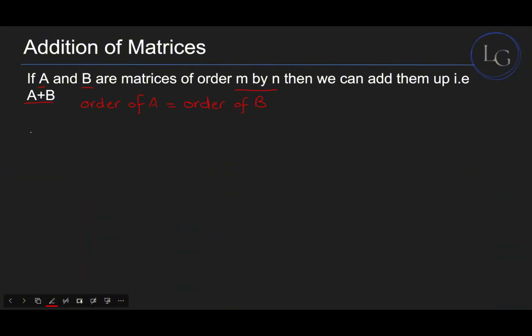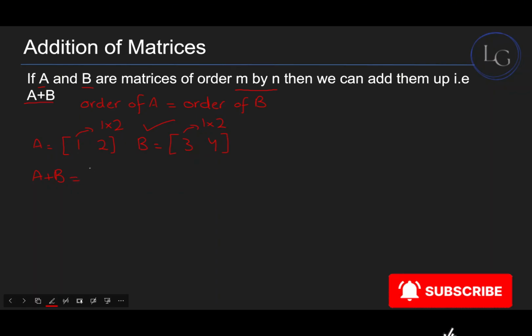So let's just see a small example of this. If we have matrix A here as this, and if matrix B is this, and we want to find A plus B. Now, the order of A is 1 by 2, 1 row, 2 columns. And the order of B is also 1 by 2. So they can be added up. And how do we add up A and B? Well, we'll add up the corresponding entries.